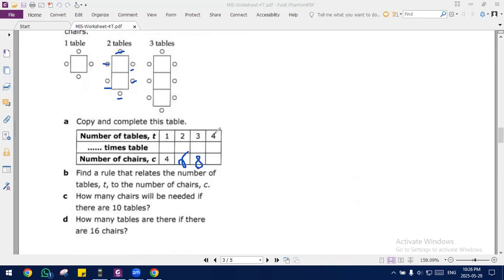Now 4 tables, how many? Let's check. Do we have any pattern here? Any sequence? Yes. 4 chairs, 6 chairs, 8 chairs. Each time is increasing by 2. So 4 tables, we will have 10 chairs.